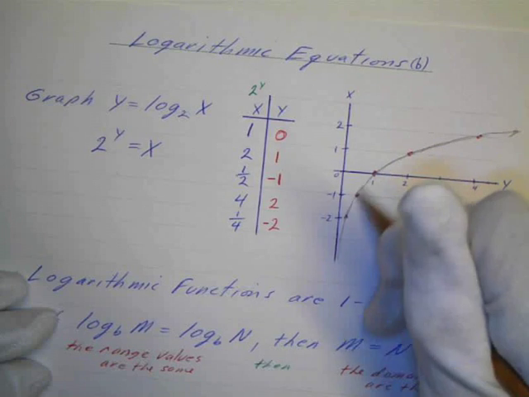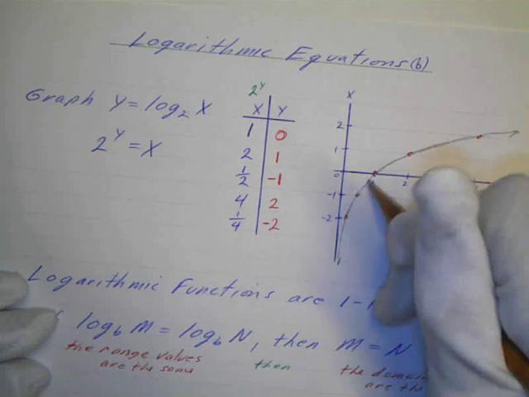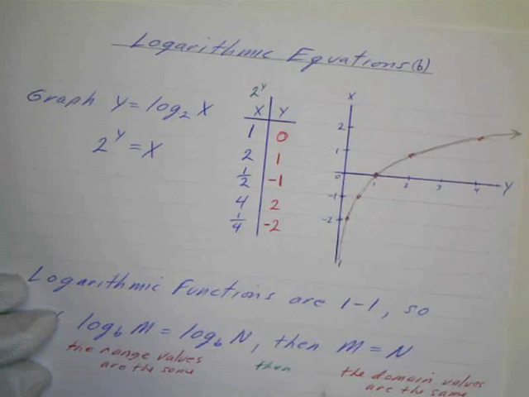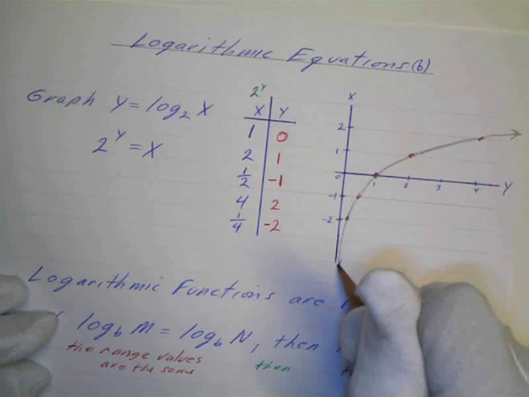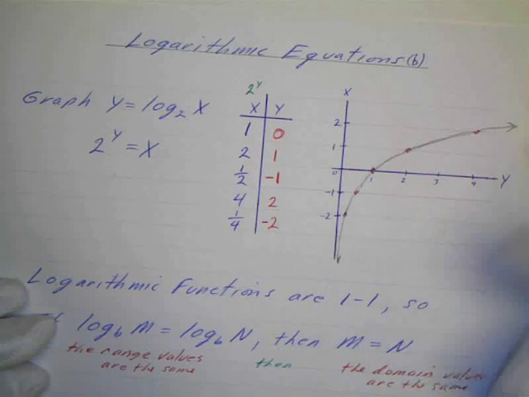And now you can see that we have an asymptote like we had with exponential functions, except instead of the asymptote being a horizontal line, it's a vertical line. In this case, it's the y-axis. It's going to get closer and closer to this axis, but never touch it.